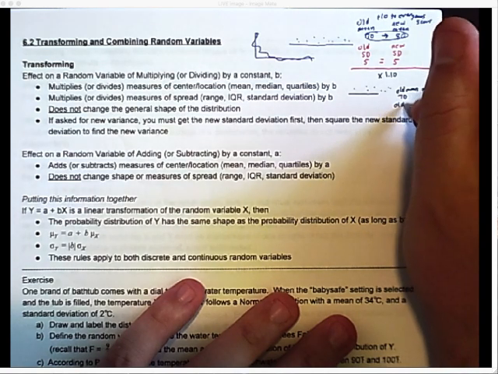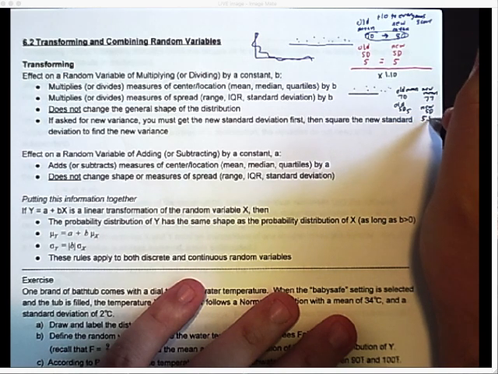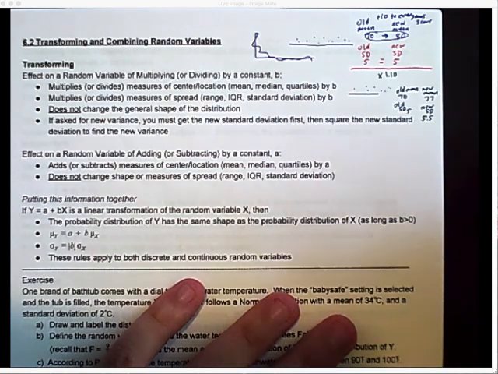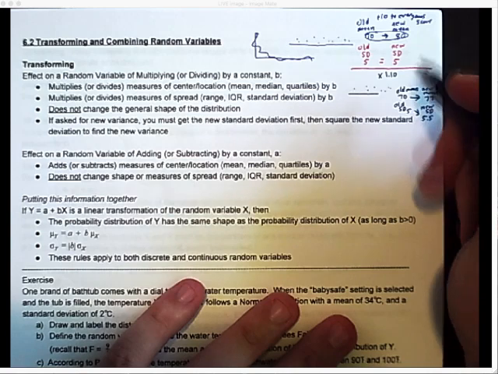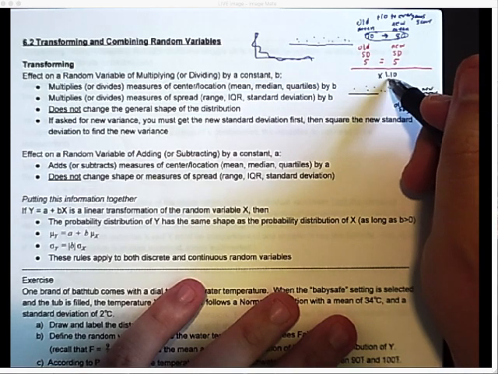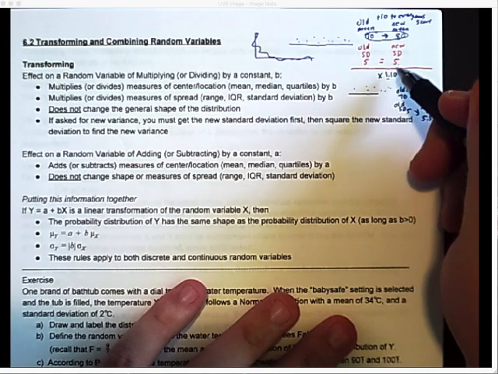If the old standard deviation was 5, the new standard deviation would be 10% more, 5.5. So both the standard deviation and the mean change when you multiply by a number. But when you add a number, the mean changes, but the standard deviation does not.